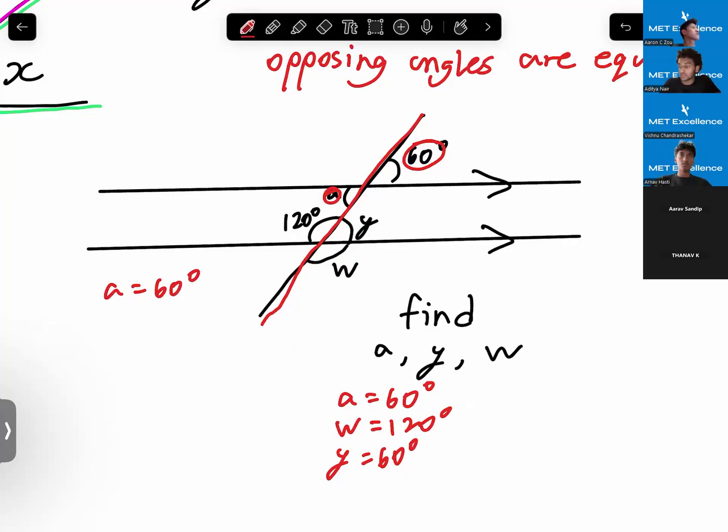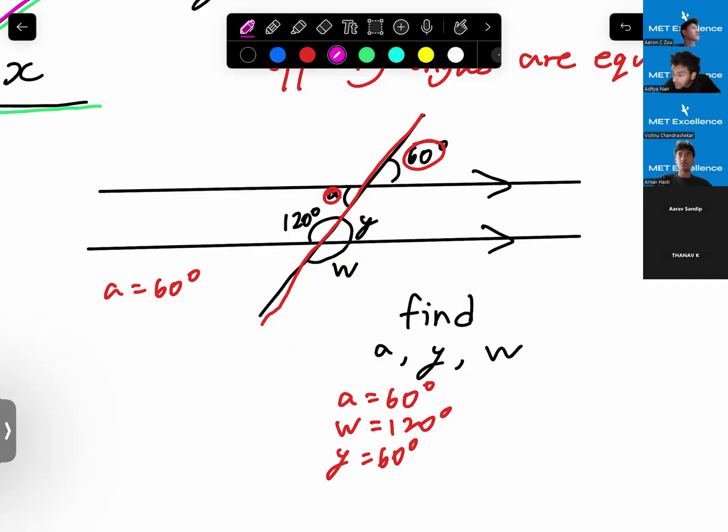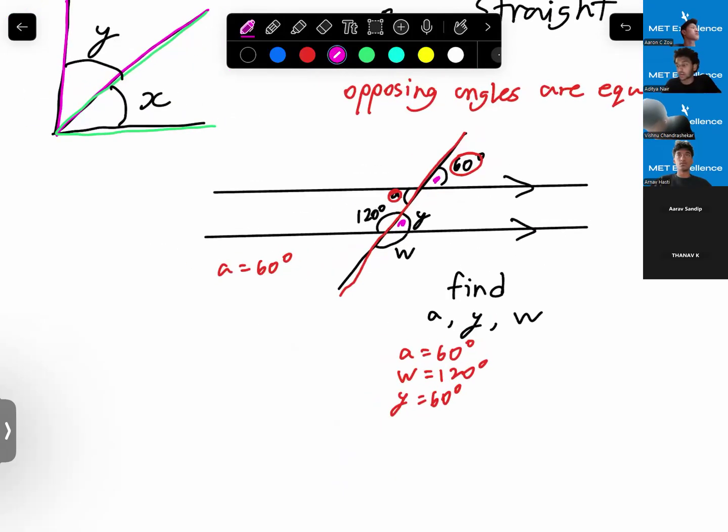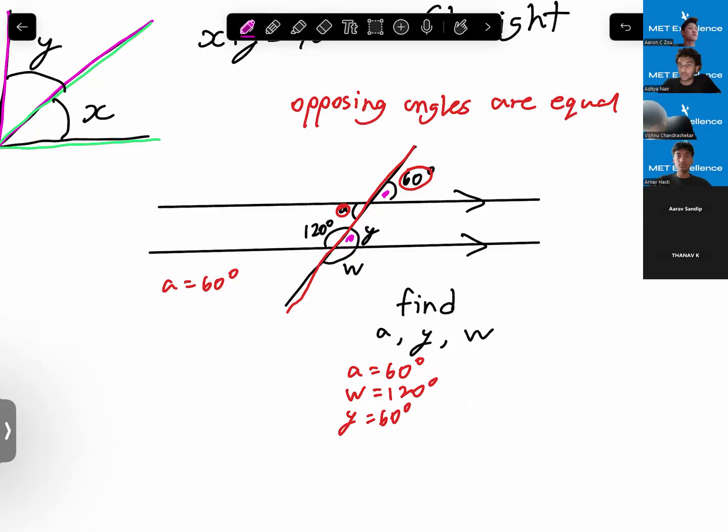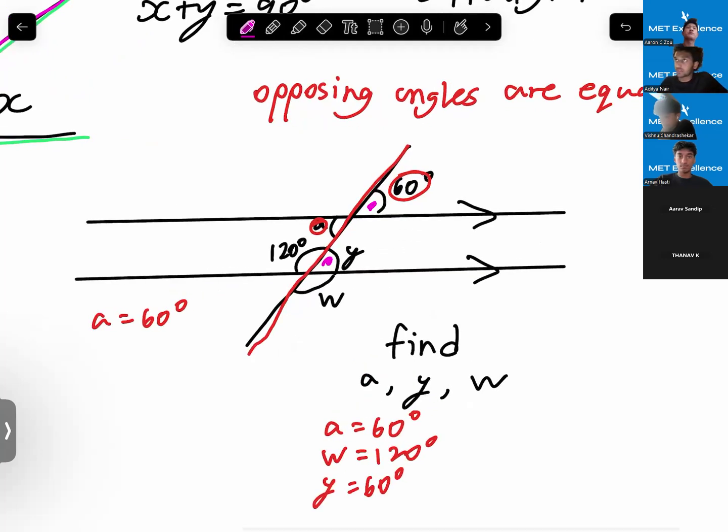And we have Y. With these two angles right here, this angle and this angle are also going to be the same. I forget what the technical term is called, if anyone remembers.